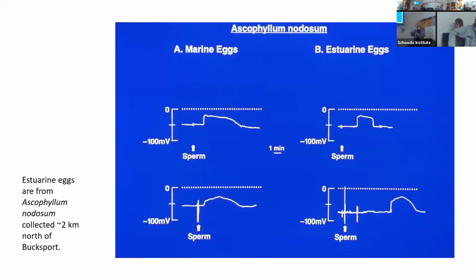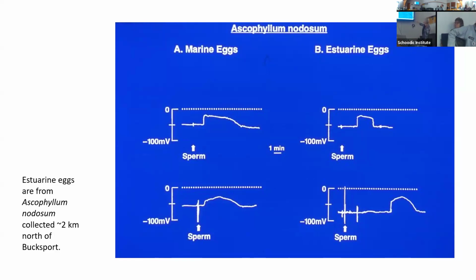And I know some people are interested in Ascophyllum, so I just want to show you some Ascophyllum potentials. This is marine eggs, south of Bucksport, where it's really pretty saline. And this is 2 kilometers up from Bucksport. I collected Penobscot River water and Ascophyllum to do both of these experiments in the lab.